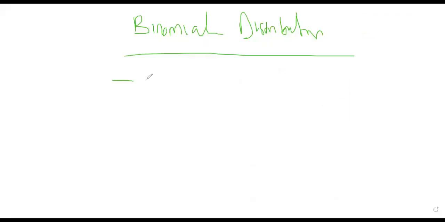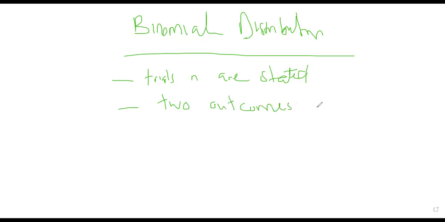Number one, trials n are stated. So we know the number given n. Number two, there are two outcomes, a success and a failure. So we have a p and a q. Number three, events are independent.